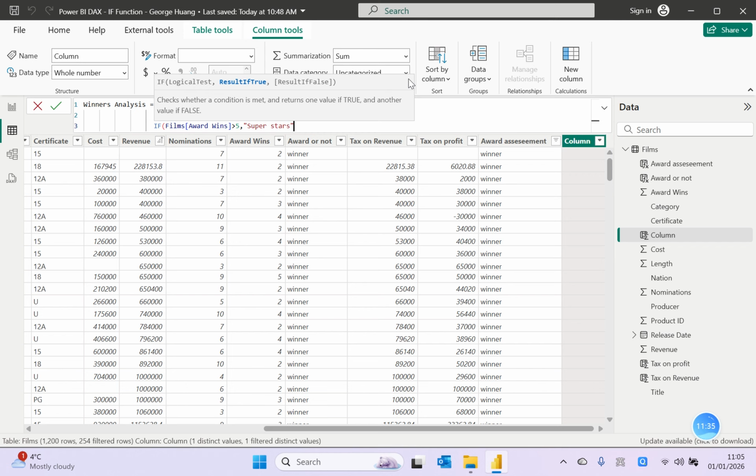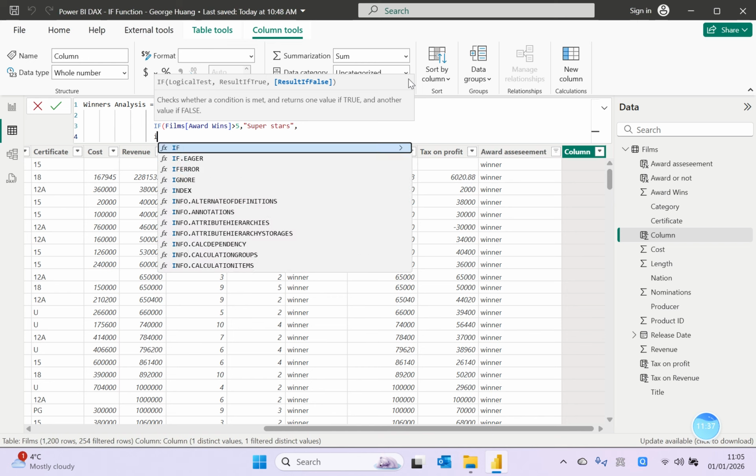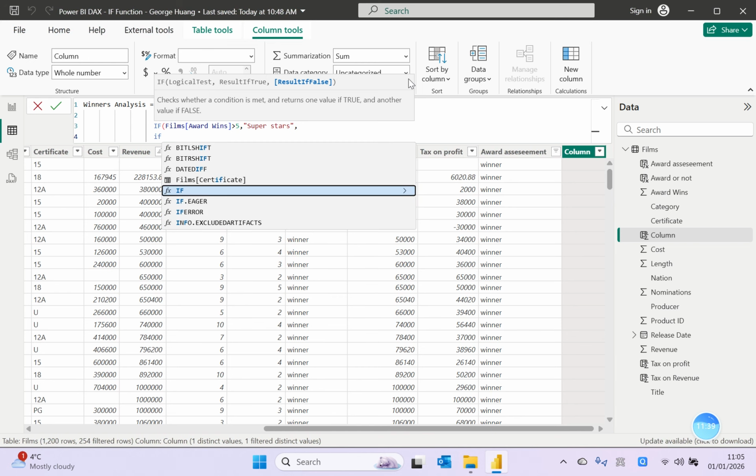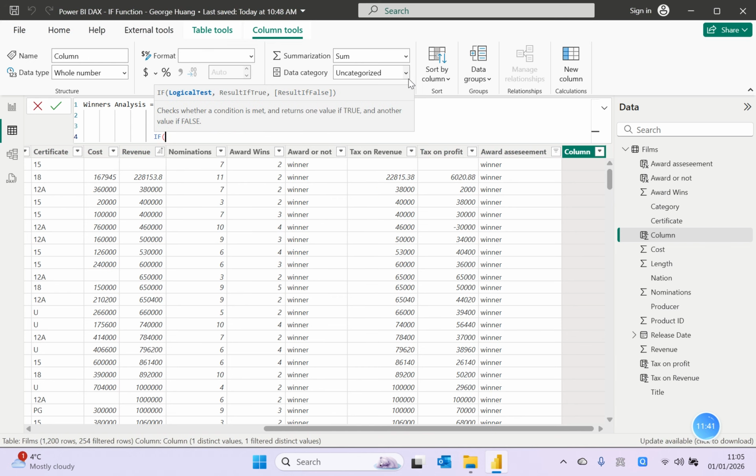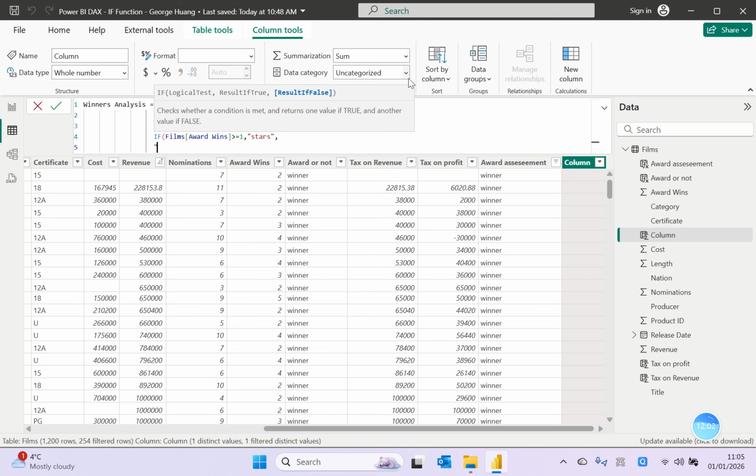If the movie just got the Oscar wins more than or equal to 1 time, we call it a star. Otherwise, we call it a loser.